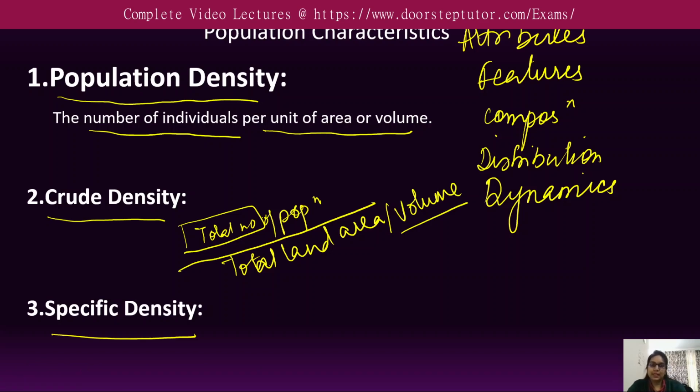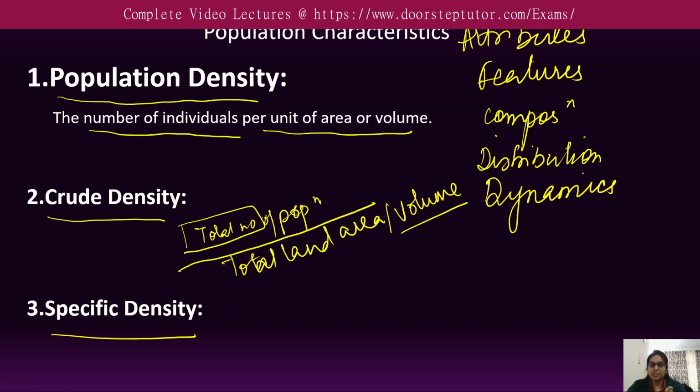The crude density provides a general overview of how many individuals are present in a given space, but it does not consider the variation in habitat suitability or the distribution of resources within that area.